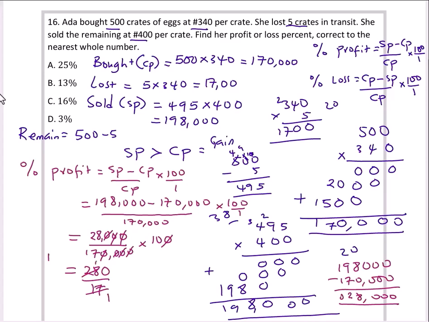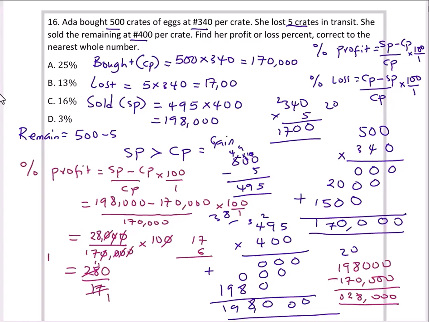That is 11, so 110. So we have 110 remaining here. I hope this is making sense to you. So how many 17 can we find inside 110? Let's do 17 times 6 and see what it gives us. 6 times 7, 6 times 6 is 36. If you add another 6 to it, that's going to give you 42, right?